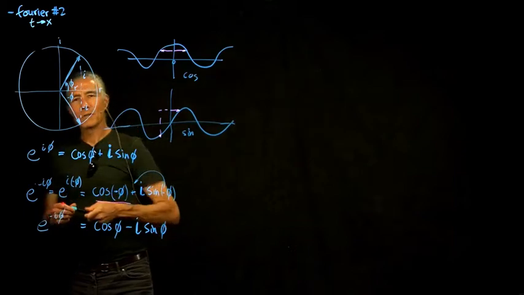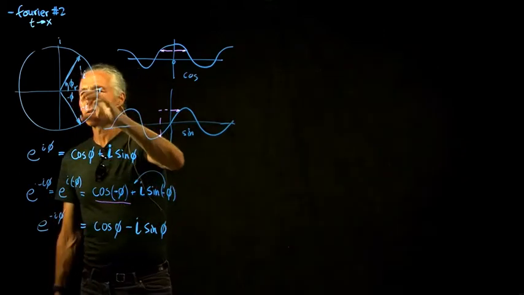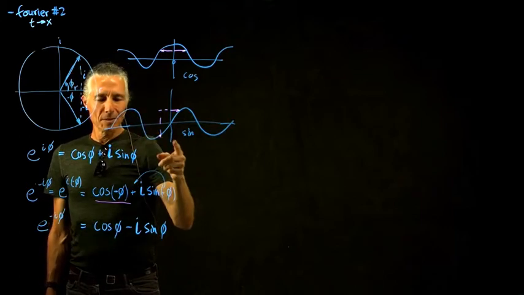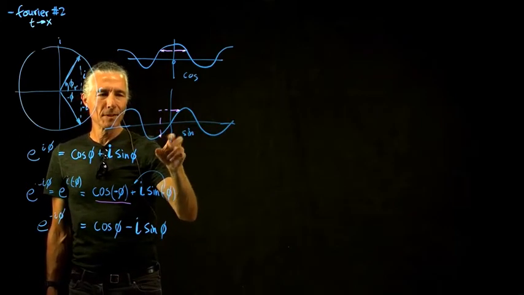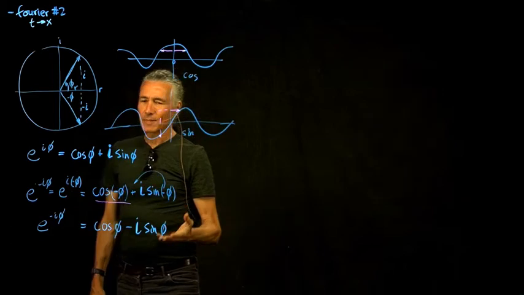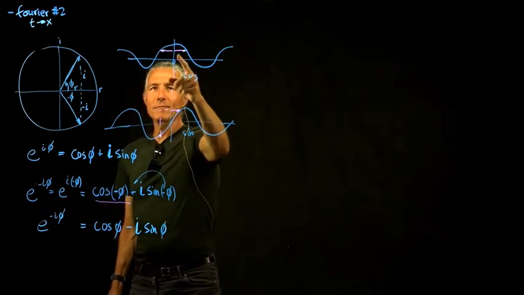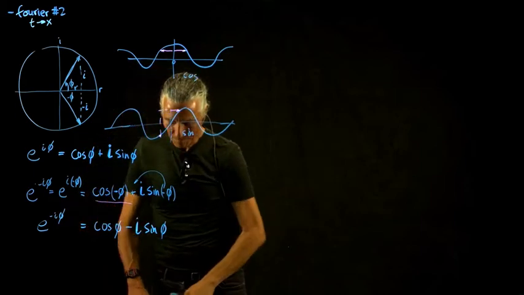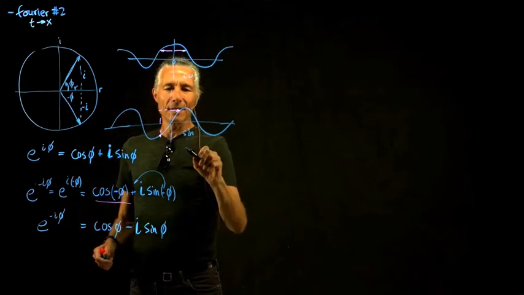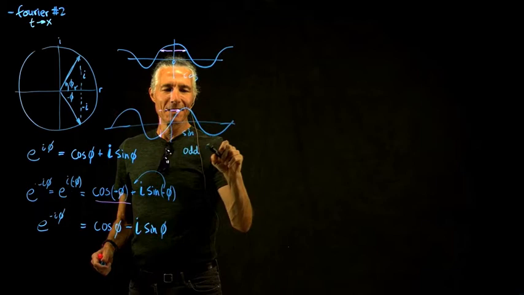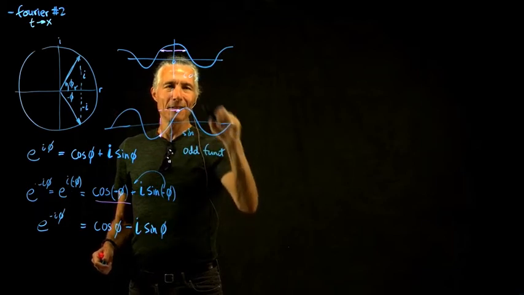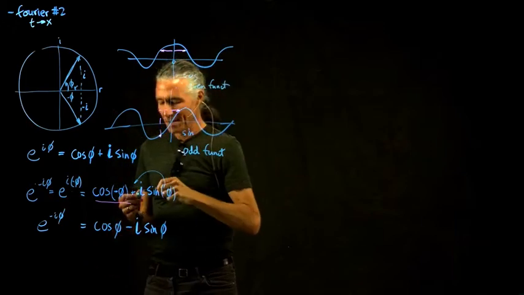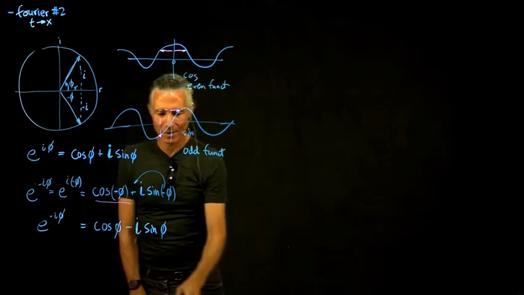So when you work through this, you see there's this weird asymmetry. If you take the negative of the argument of a sine, it changes. If you take the negative of the argument of a cosine, it doesn't change. So this one is called an odd function, and this is an even function. So there's this clear asymmetry.